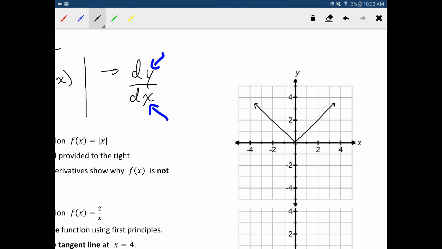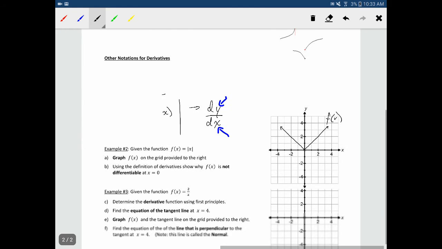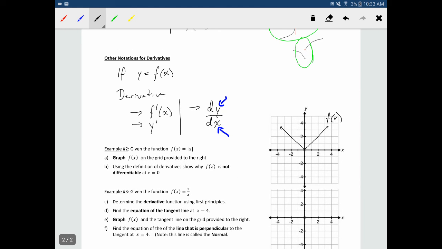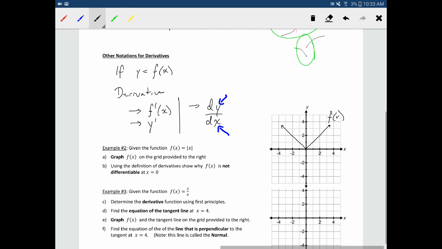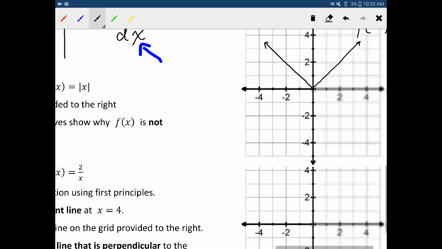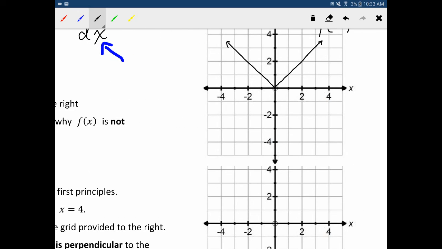Okay, so there's the absolute value. Let's just label it as f of x. Using the definition of derivatives, we want to show why this is not differentiable at x equals 0. The definition of the derivative is the limit of all that stuff.